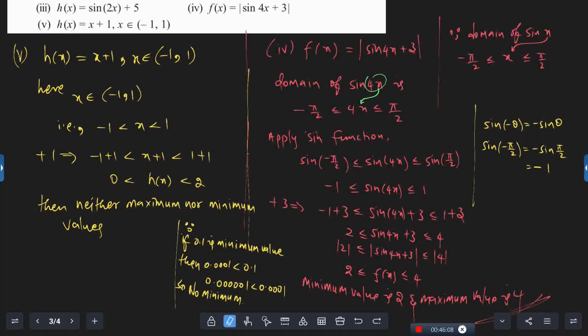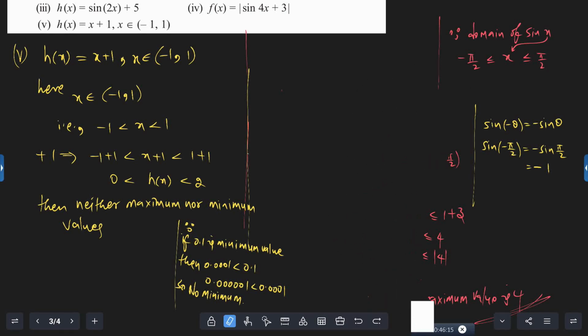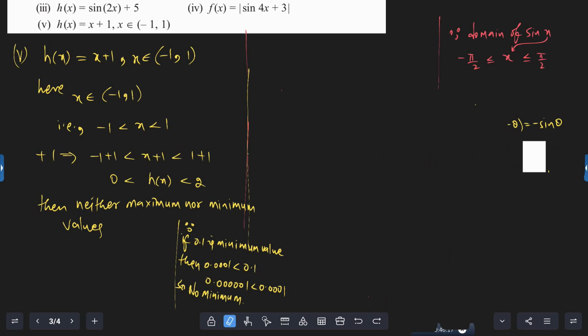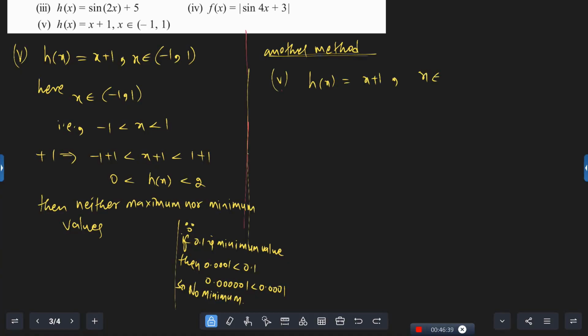For this, I will give one more method. Listen, I will give another method. Take h of x for the fifth one. h of x is equal to x plus 1, x belongs to the interval minus 1 comma 1.